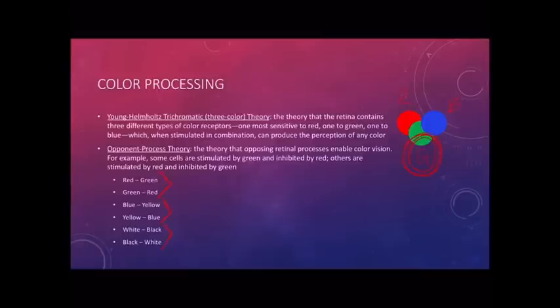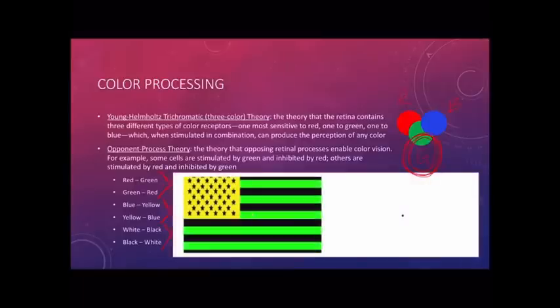If you've ever stared at something for a really long time, let's say you stared at something red for a really long time, when you look away somewhere else, you get a green flashback of that image, right? If you stare at the sun for too long, that's yellow, and you look somewhere else, you get kind of a blue or purple after image. And that's what opponent process theory is talking about, this after image idea.